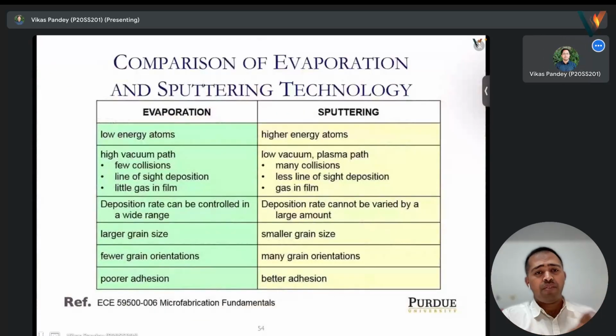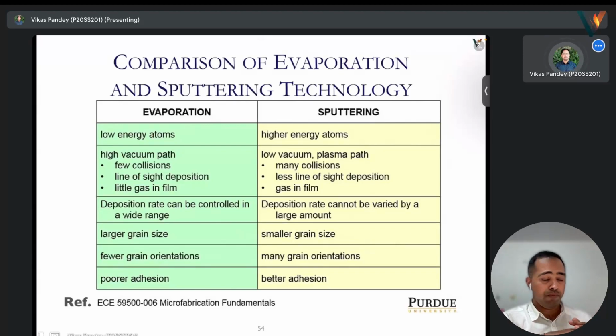If we compare between these two, in evaporation there are low energy atoms. In sputtering, it is high energy atoms since it is ionic in form, so it may even penetrate inside and result in some kind of doping or impurity. In case of evaporation, there are fewer collisions, and it is line of sight deposition, and there is no gas in the film since we are doing the deposition at very high vacuum.